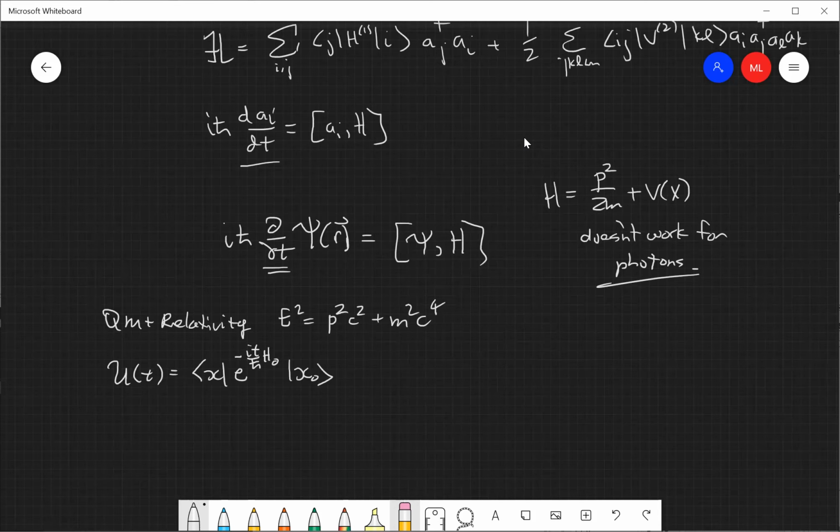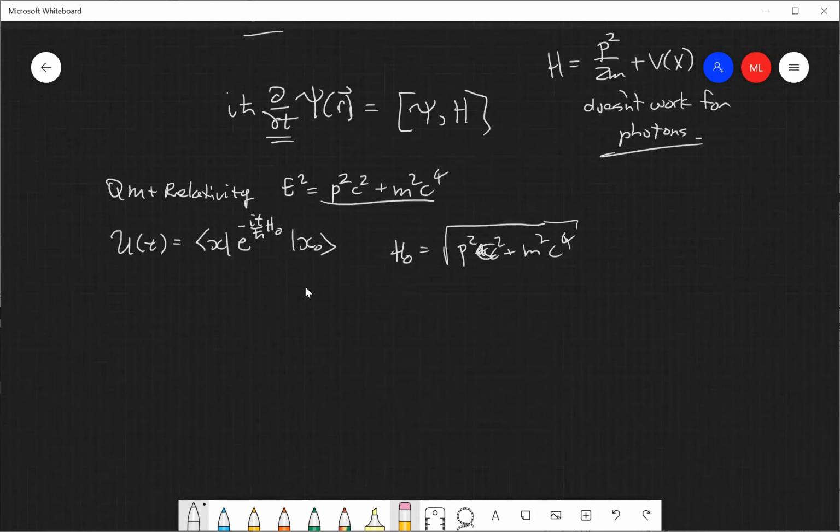Let's imagine we use this as the energy. Then your free particle Hamiltonian might be the square root of p squared c squared plus m squared c to the fourth. And you can try to use this to compute the transition probability amplitude.